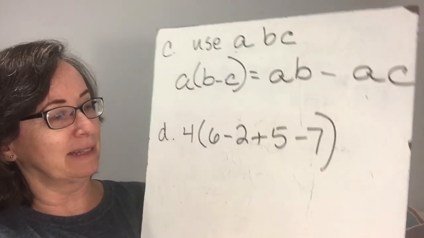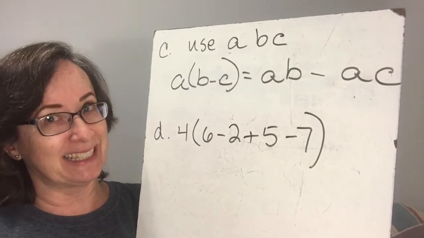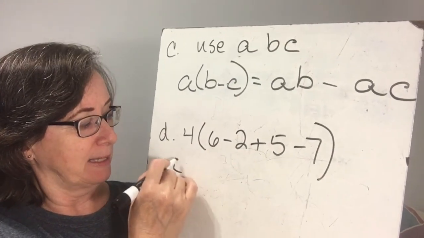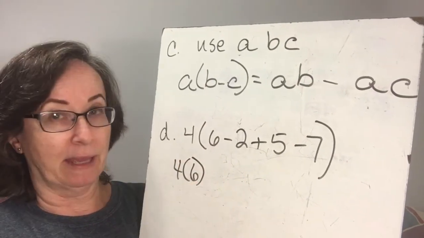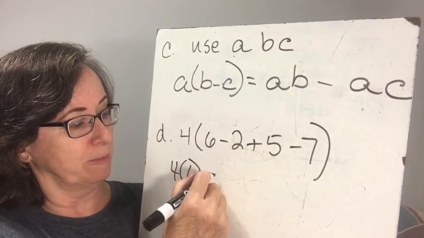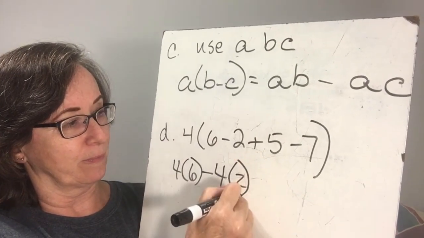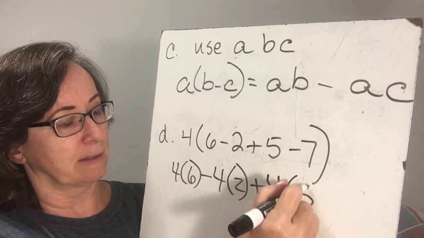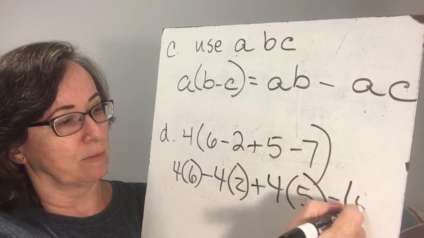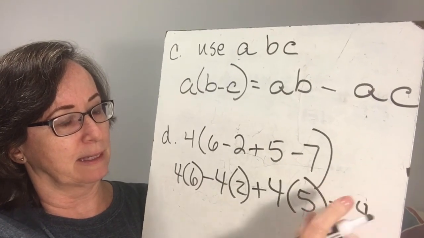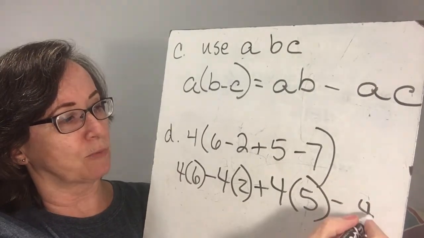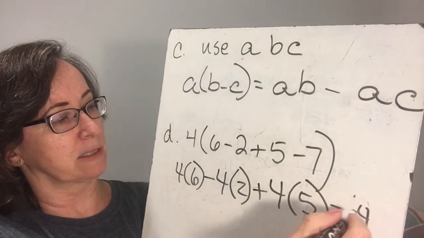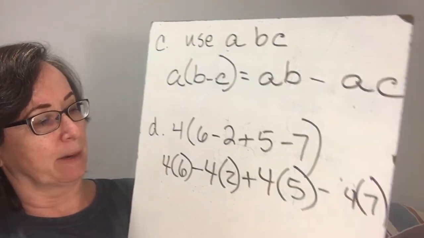Okay, so here they tell me to use the distributive property instead of order of operations. So it's going to be 4 times 6, minus 4 times 2, plus 4 times 5, minus 4 times 7. Doesn't matter whether they have that there or not. There.